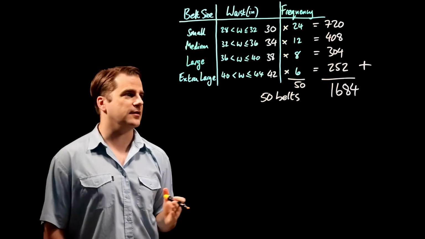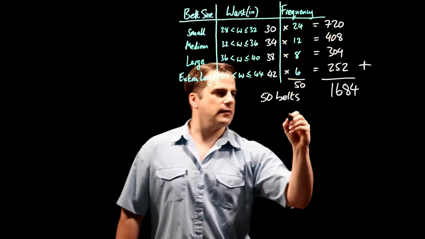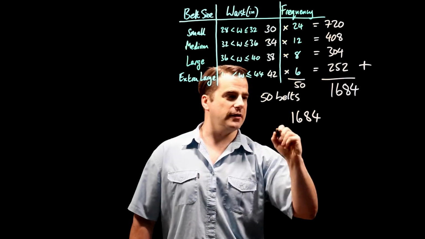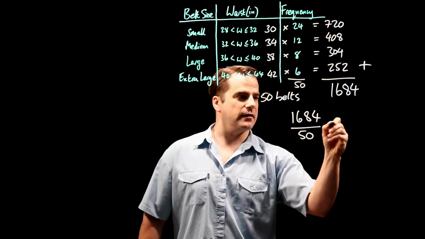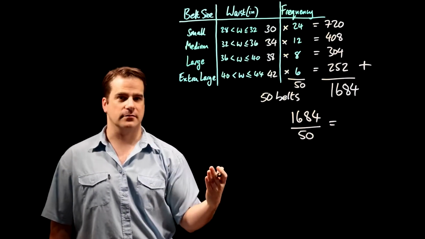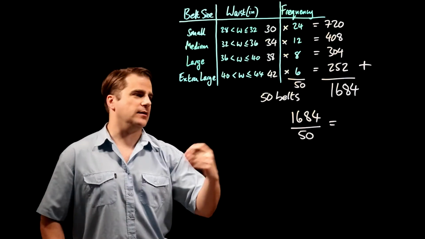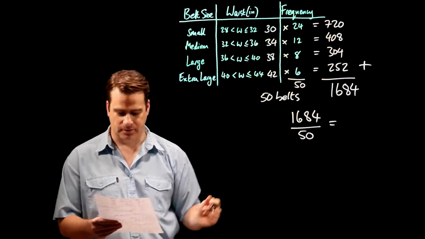So now, the final thing you do is divide the total number of belt inches by the total number of belts. And that will give you the average length of a belt, or the mean waist size, okay? Same thing.